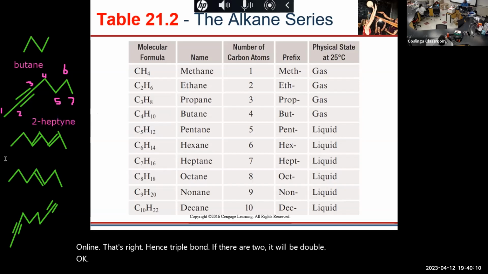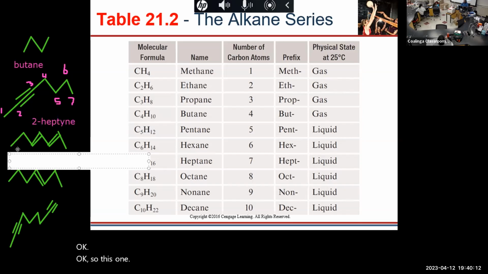Okay, so this one, 2,4-heptene. Are you sure there's not anything missing?